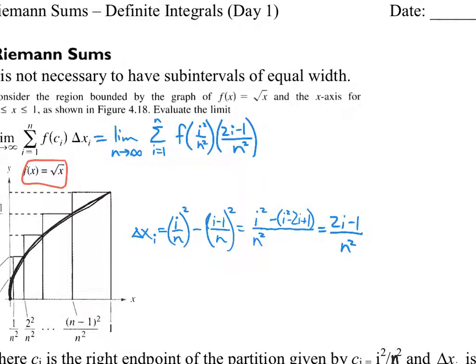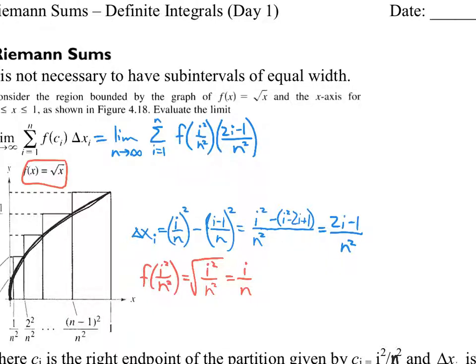Okay? So, as we look at this, if I do f of i squared over n squared, that means I have the square root of i squared over n squared. Now, I know i has to be positive and n has to be positive, so I don't need to mess with a plus or minus here. This is just going to be i over n.